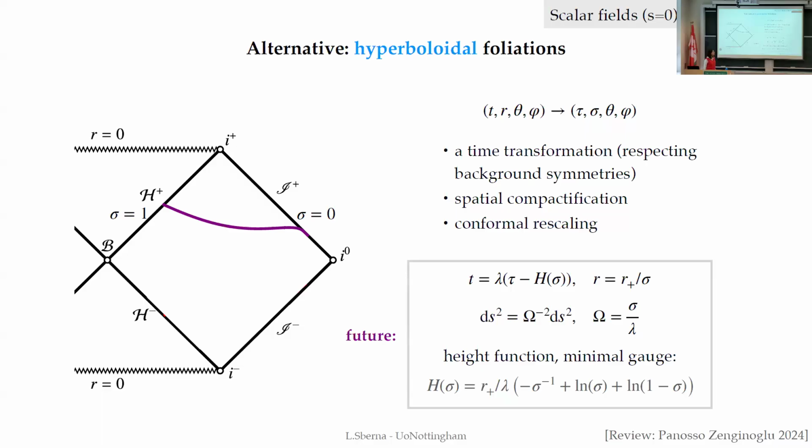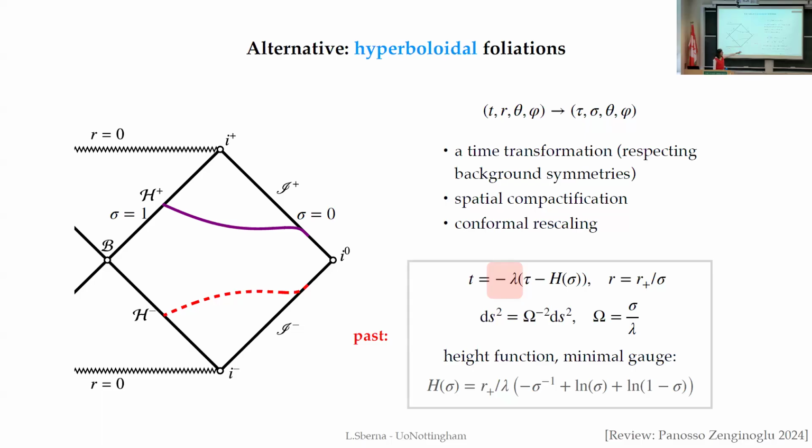And to simplify the quasi-normal mode problem further, you can also do a spatial compactification and a conformal rescaling to absorb some of the spatial scaling of the mode functions. These are the future hyperboloids, but you can also build past hyperboloids that connect the past horizon and past null infinity. And the difference is just a sign over there.